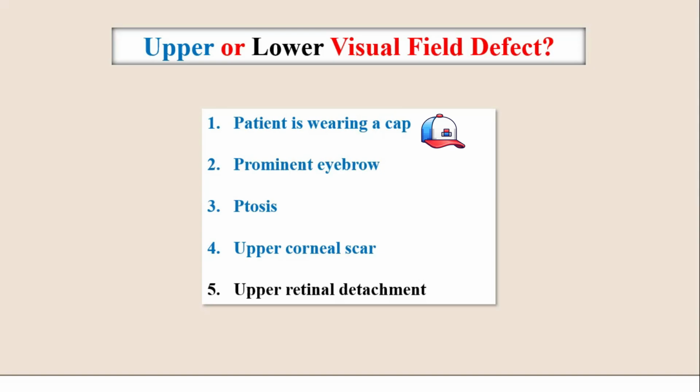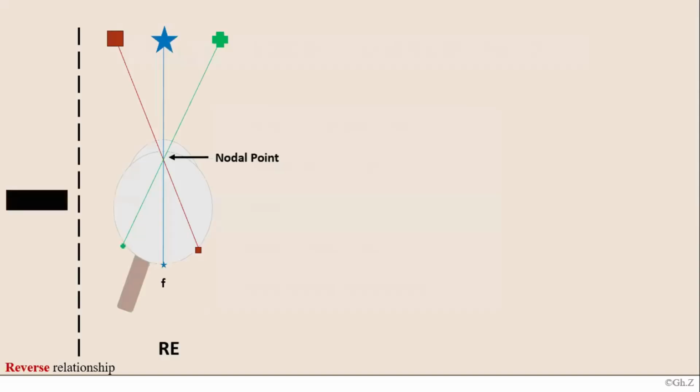If we go back to this slide, see here the intersection of the rays at the nodal point. If we have a lesion here in the retina, this object is not seen, so we have a visual field defect. But if we have a lesion in the cornea in this area, the inverse relationship is after the nodal point.